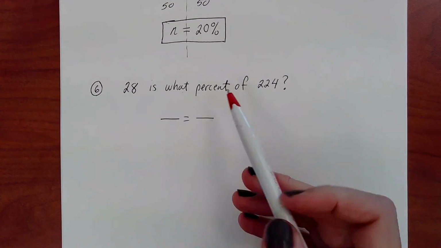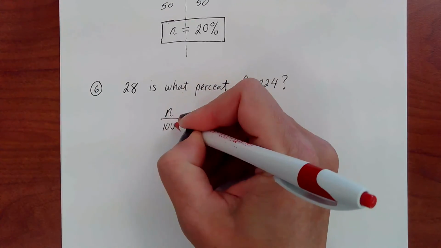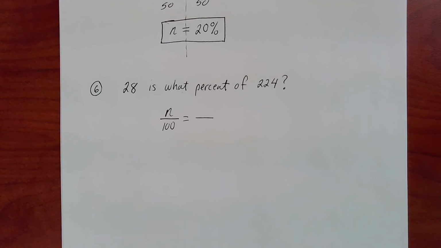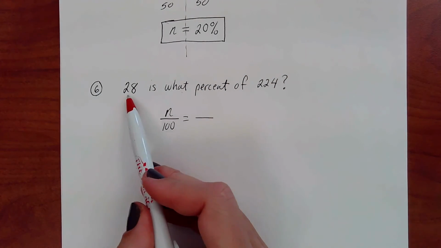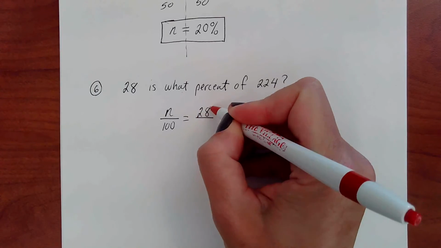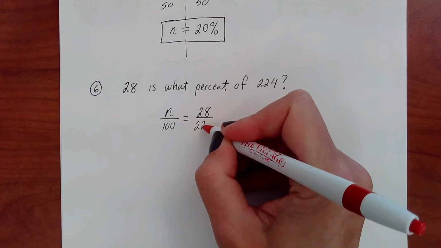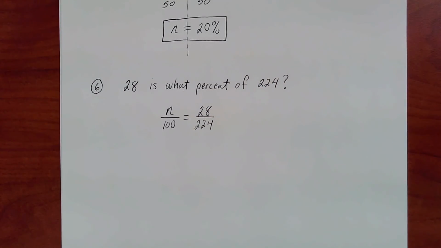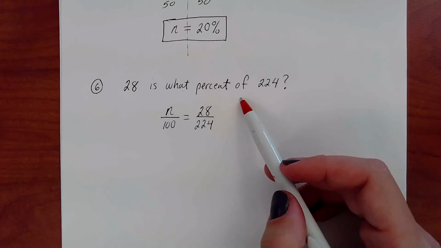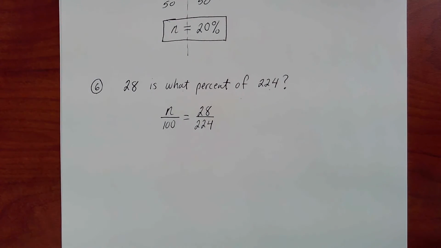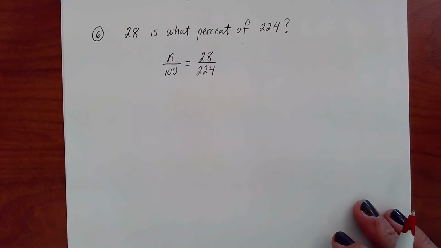So I don't know the percent again, so n over 100. 28 is with is for sure. 224 is the total. Percent of the total. The total is on the bottom. Okay, good.